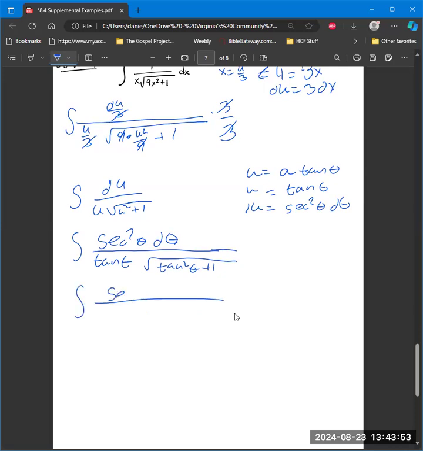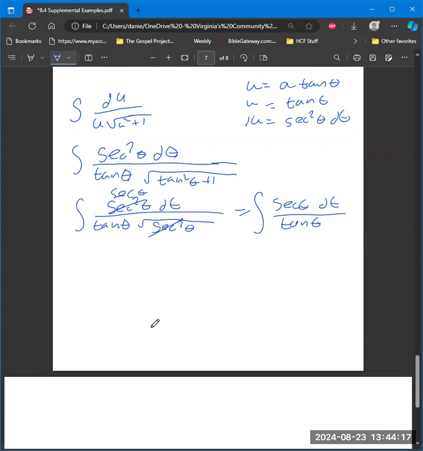So this is secant squared theta d theta over tan theta. And the square root of secant squared theta is secant theta. That makes just a single secant theta up here. So secant theta d theta over tan of theta. I'm not recognizing that off the top of my head.